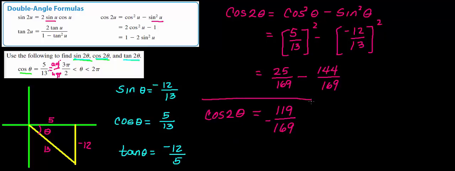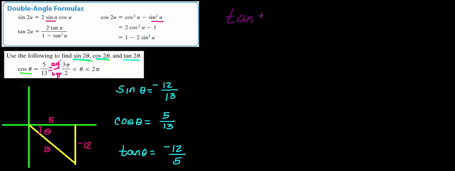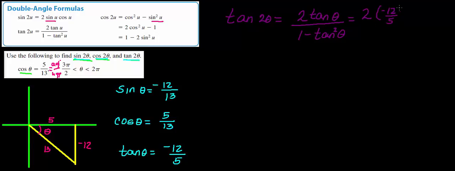That's your final answer. For the tangent of 2 theta, our formula says that we take 2 times the tangent of theta and we divide by 1 minus the tangent squared of theta. So this will equal 2 times tangent of theta, which is negative 12 over 5, everything over 1 minus negative 12 over 5 squared, which is the tangent squared.